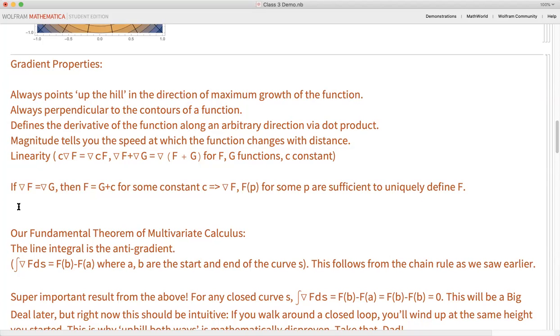Then there's one other very useful claim, which, since you're familiar with linearity, I can put in more advanced terminology, which is that there is a kernel to the gradient, and the kernel of the gradient is just those functions which are constant. The gradient of a constant function is 0.